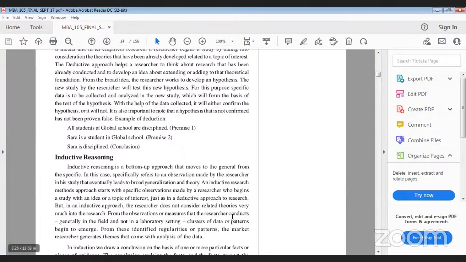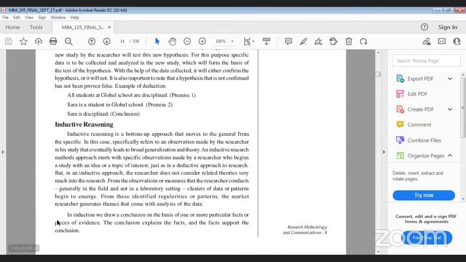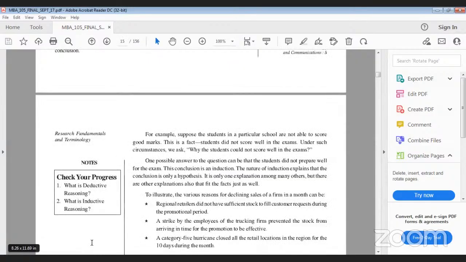The researcher generates themes that come with analysis of the data. Next, in induction, we draw our conclusions on the basis of one or more particular facts or pieces of evidence. The conclusion explains the facts, and the facts support the conclusion.